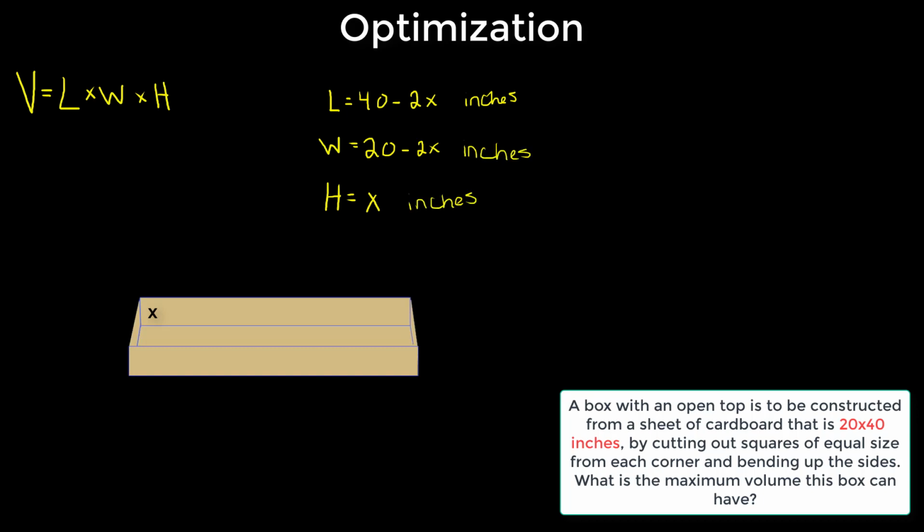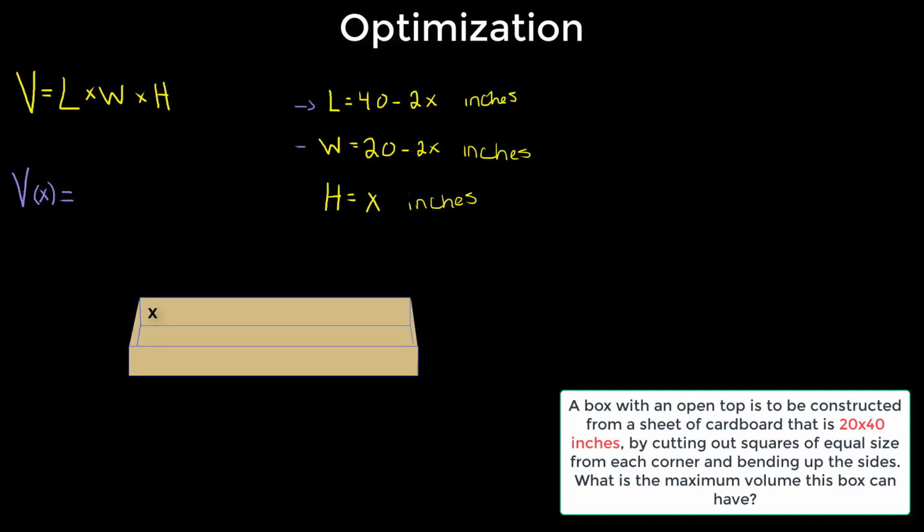And so it looks like we're in a pretty good spot now because we can completely define this volume function with just one variable. We've done a really good job of that. So we can represent this volume function, as a function of X, because we're using X as our independent variable, V(x) is equal to length times width times height.